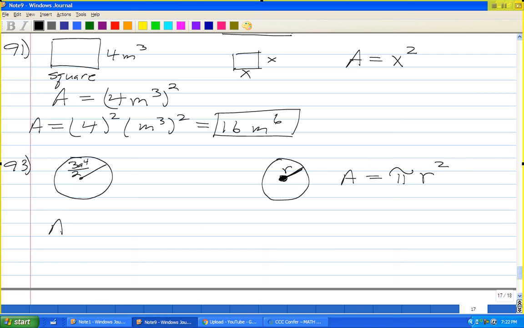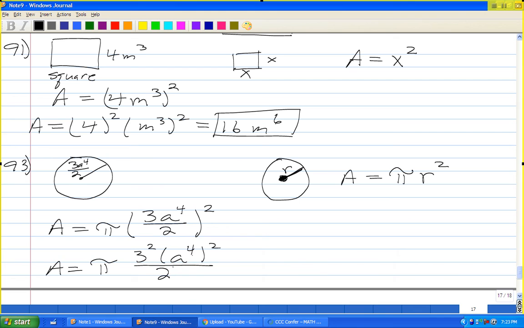And so the area is pi times the radius, 3a to the 4th over 2, squared. So the area is pi times 3 squared times a to the 4th squared over 2 squared.